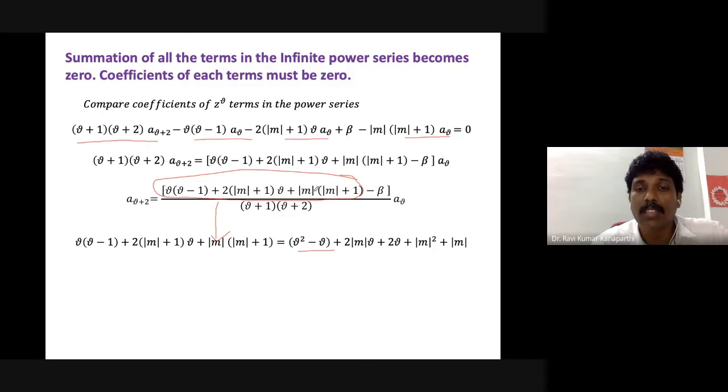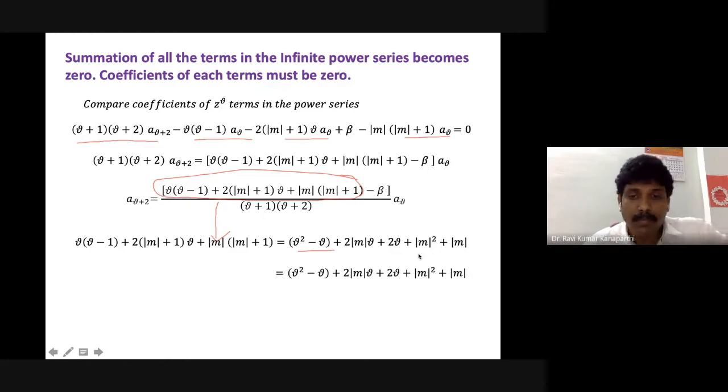Similarly here modulus of m whole square, and then plus modulus of m. So all these things you can just write down here, and then if you do a simplification, this becomes like this. Okay, this is a 2 nu, and the 2 nu has come from 2 nu, right?